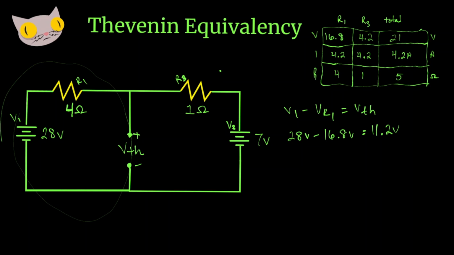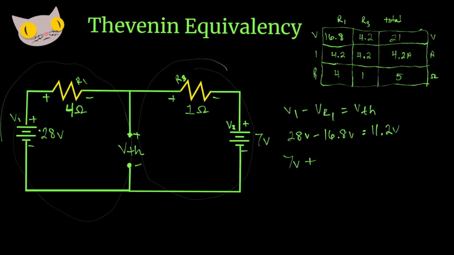We can do the same on this side. So we have our V2 value as 7 volts. And on this side, we're going to want a plus. We're going to want to add these two. And that's because if we look at the circuit and do some analysis, we're going to have our signs set up like this. This will be negative, this will be positive, this will be negative, and this will be positive.